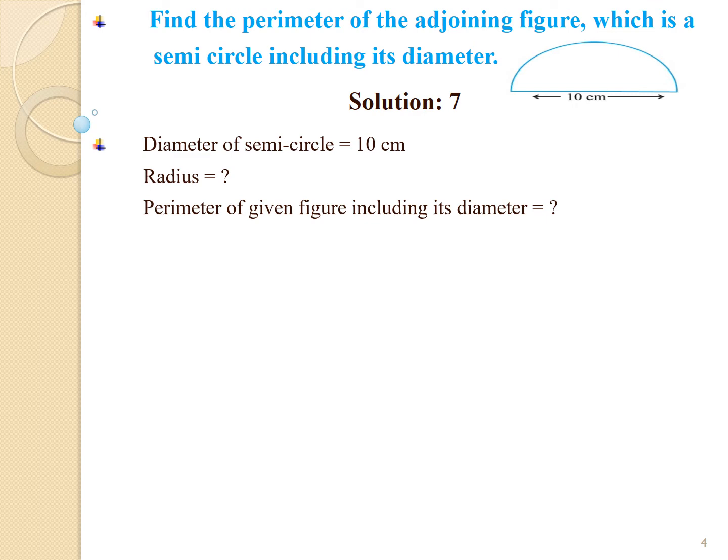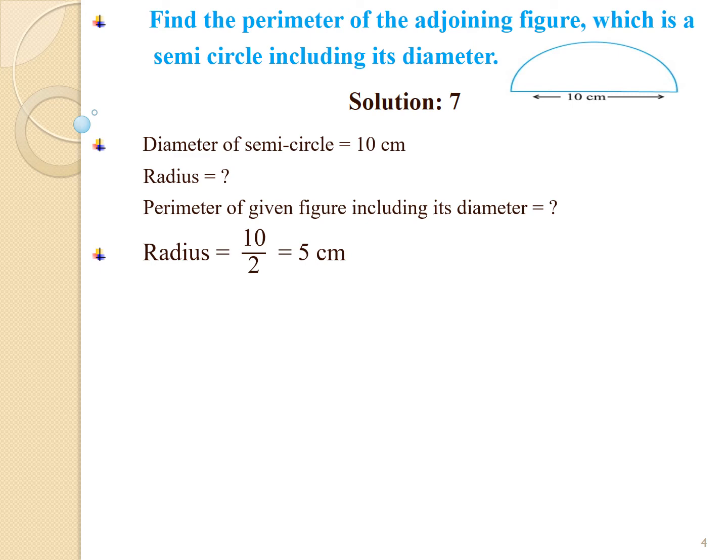Students, we know that radius is equal to diameter divided by 2. Thus, dividing 10 by 2, we get 5 centimeters. Thus, radius is 5 centimeters.